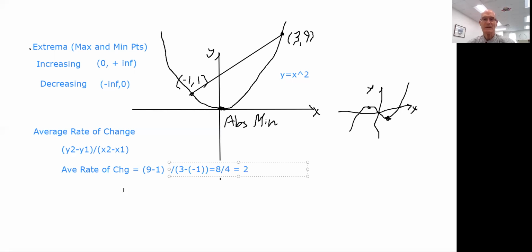Now that makes sense because every time x changes by 1, y changes by 2. So I go from -1 to 0, so this would be 3. I would go over 1 more, so that would be 5. I would go over 1 more, so that would be 7. And I would go over 1 more, and that would be 9, okay?